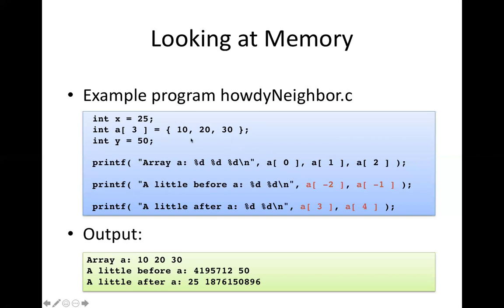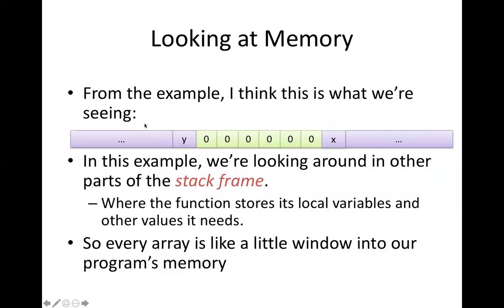In C, indexing off the end of the array could potentially let you access other variables in your program, not in a good way. If you accidentally write off the end of this array, you could accidentally be changing these two variables. And that is one of the most common sources of errors in a C program.